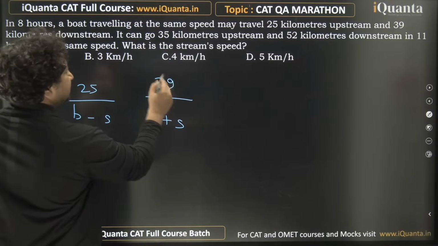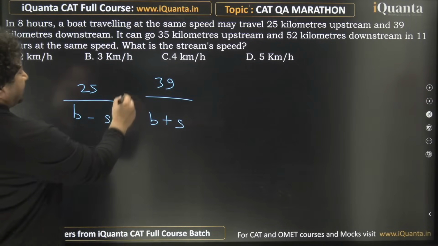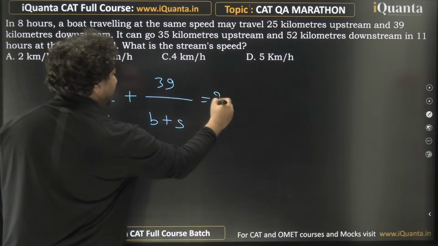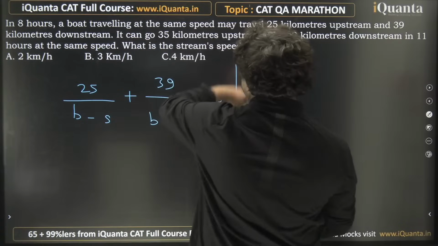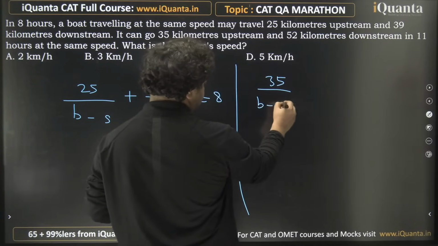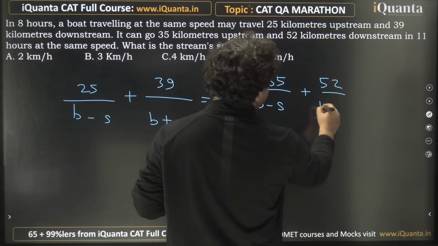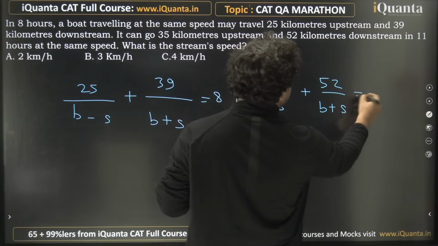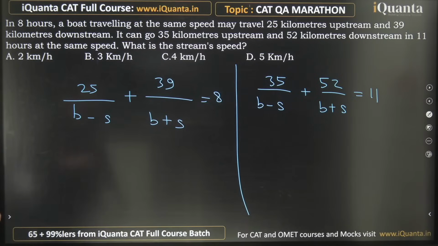So from the first statement, 25 is upstream, 39 is downstream. If I add the times, I'll get 8 hours. That is the first expression. And for the second one, 35 upstream and 52 downstream, it will take 11 hours to find the value of s over here.